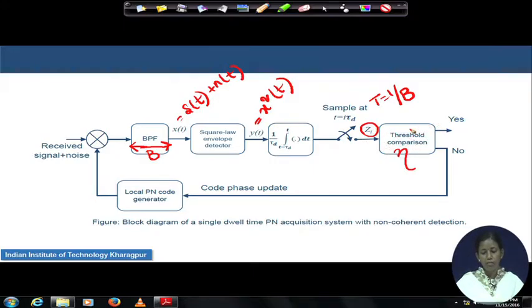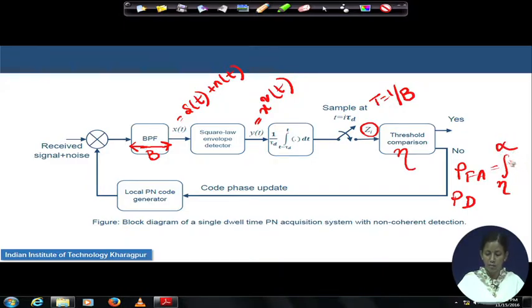The same integration will run when the incoming signal is falsely crossing this eta when the signal is absent. So, the probability of false alarm and the probability of detection both integrate the incoming signal PDF of z over the interval where it crosses eta, from eta to infinity.